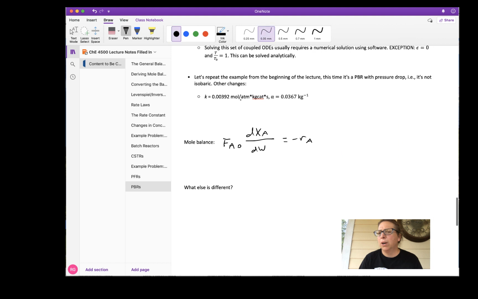We have atmospheres here on the bottom. The pressure terms have overall units of 1 atmosphere, so this part is going to cancel out. Then our rate is going to be in units of moles per kilogram catalyst per time, which is exactly what we want, and that matches the units on this side of the equation.